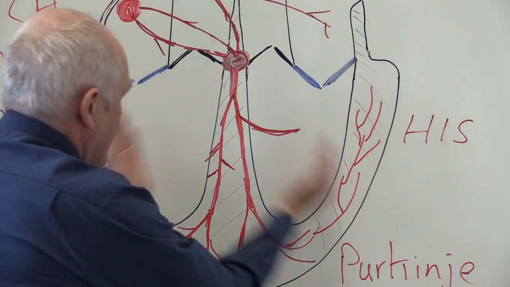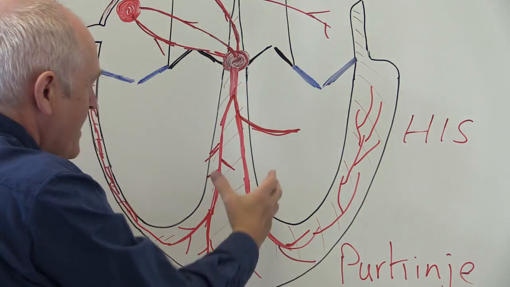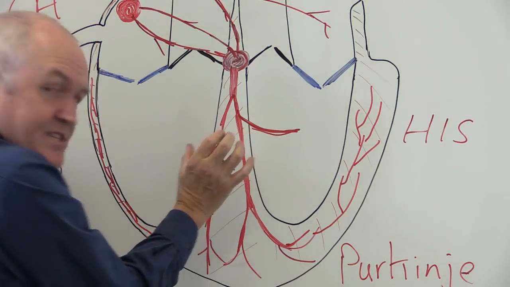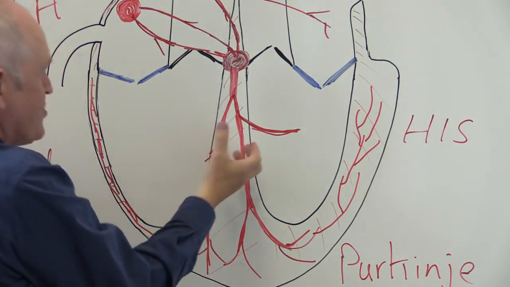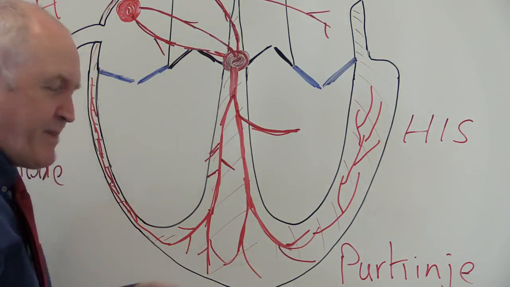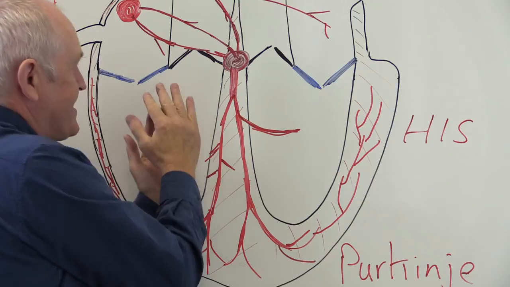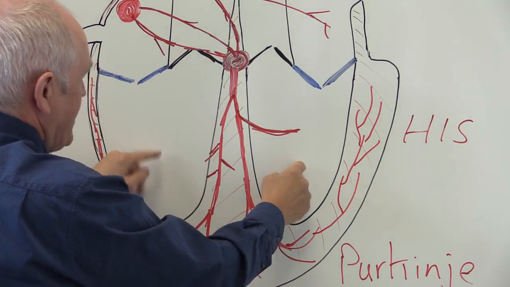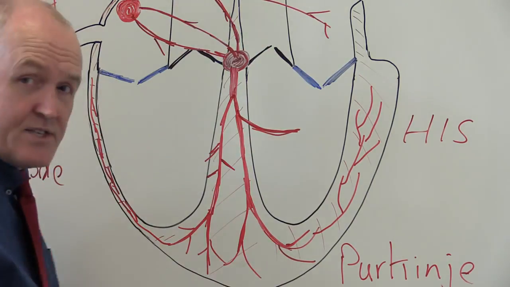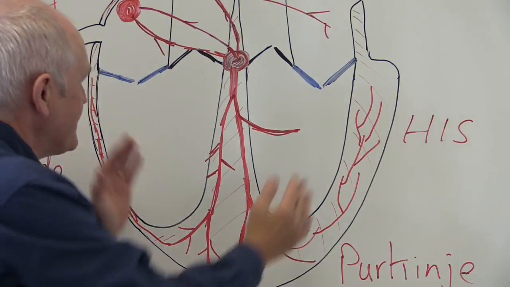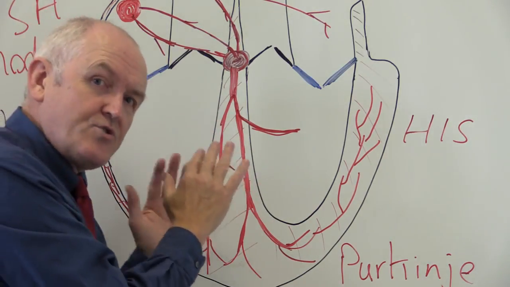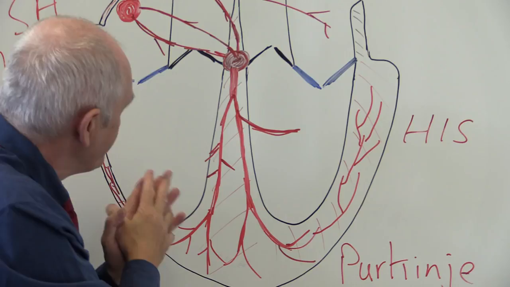And as well as going that way and up the way, the heart actually twists as well. When the heart contracts, it twists. It's a bit like wringing your washing out. You can twist it. And as it twists, that also increases the pressure and ejects blood out of the arteries. And as it twists, it also stores some energy.